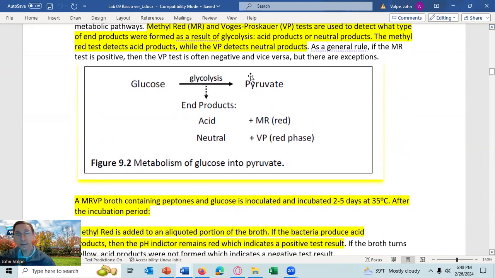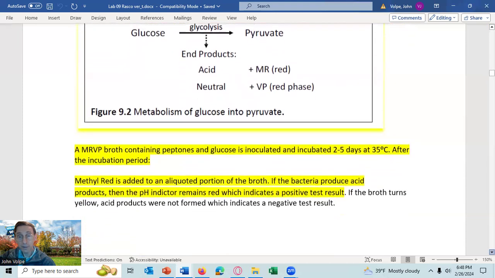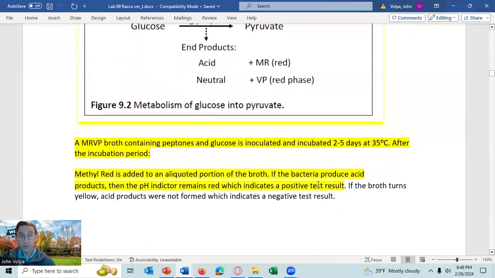So both tests are looking at glycolysis. What you do, like I said, is you inoculate one tube, incubate it, and then split that tube into two tubes. One portion is used for the MR test, one portion used for the VP test.